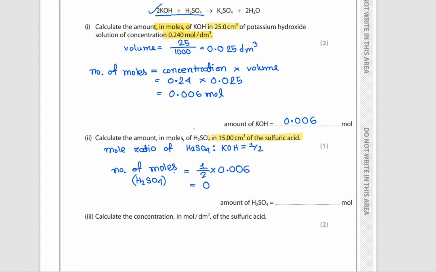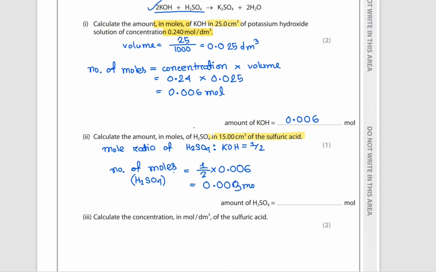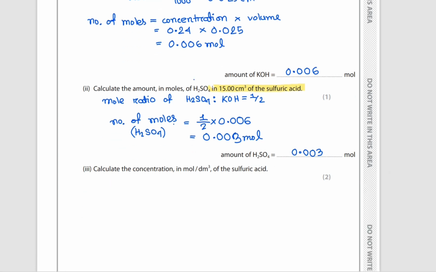So the number of moles of sulfuric acid is 0.003 moles.